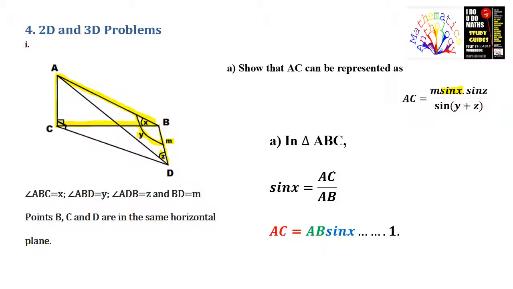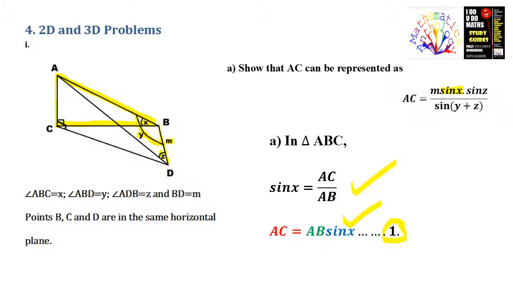So sine X is equal to opposite over hypotenuse, which is AC over AB. There we go. So if I cross multiply there, I'm going to end up with AC is equal to AB sine X. And this I will call equation 1.